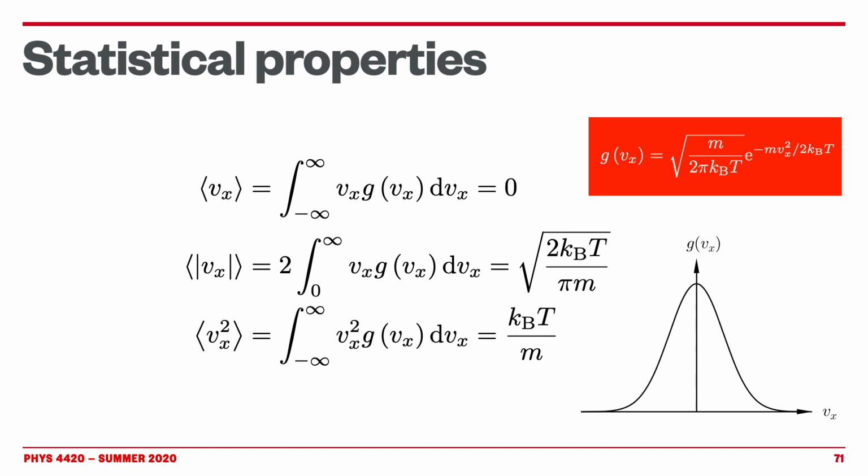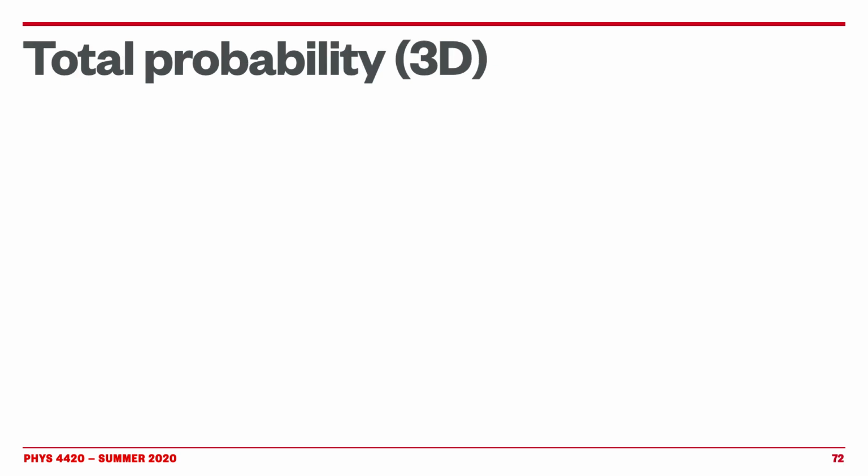Okay, so this is just in one dimension. So g(vx) times dvx is the probability of finding the gas molecule between velocity vx and vx plus dvx. That's not quite what I want to do, because we live in a 3-dimensional world, at least in Cartesian coordinates. So what I'm interested in is a total probability, and it's a mouthful, but I'm going to say it anyways.